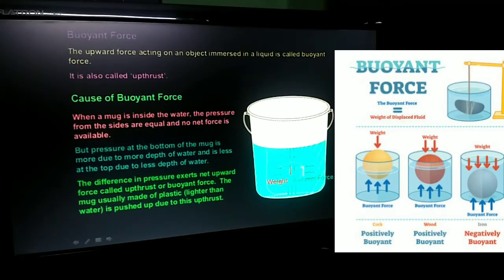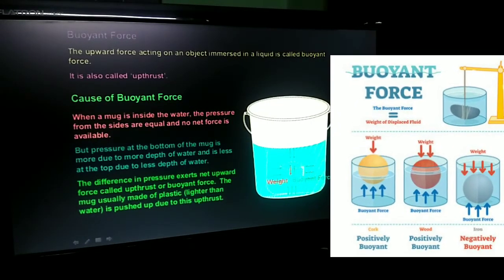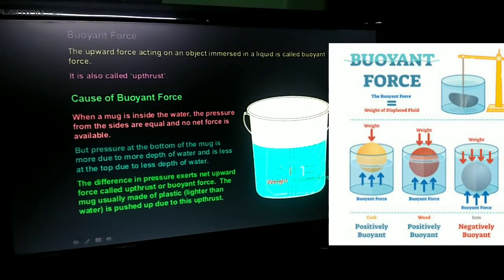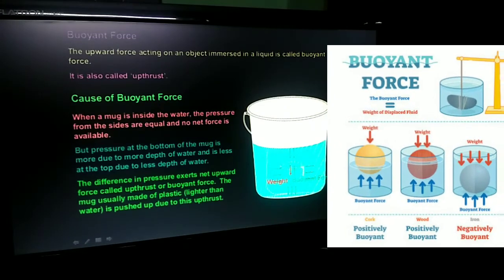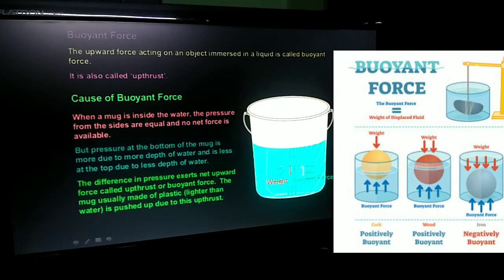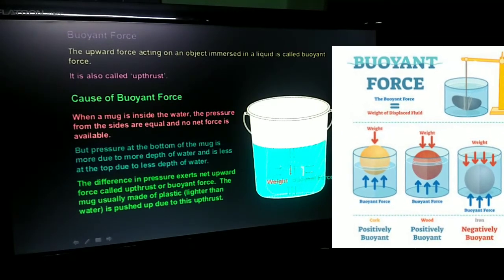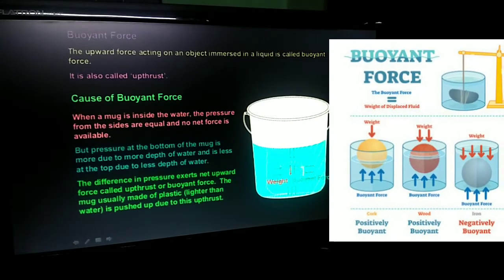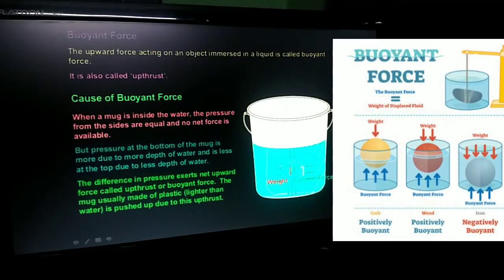Once again, the upward force acting on an object immersed in a liquid is called buoyant force. It's also called upthrust. Causes of buoyant force: when a mug is inside the water, the pressure from the sides is equal and no net force is available.